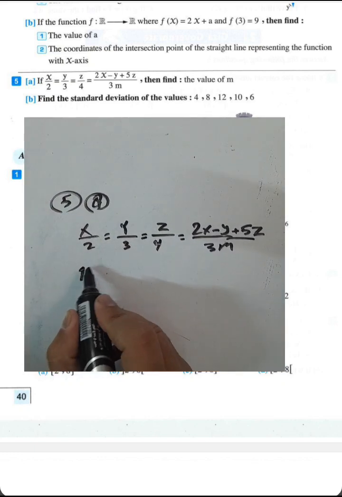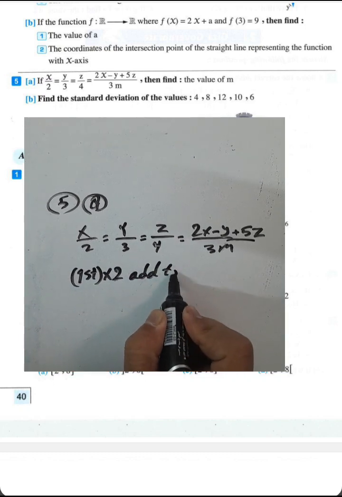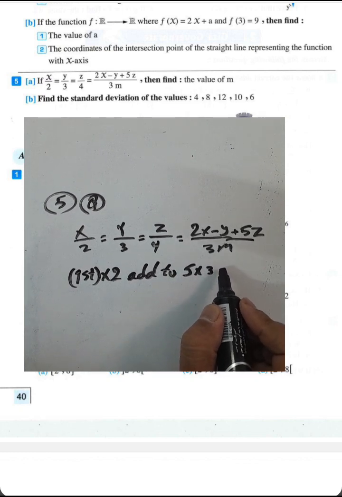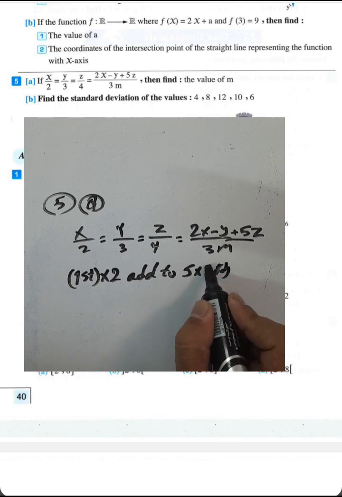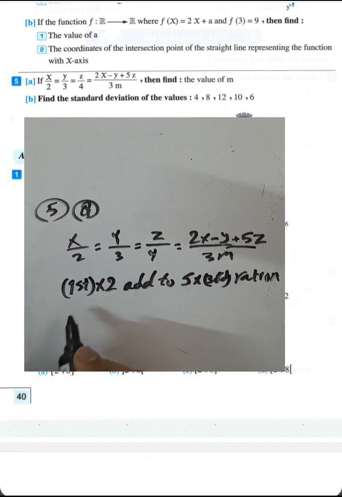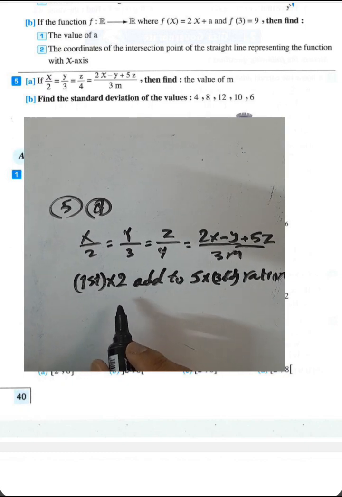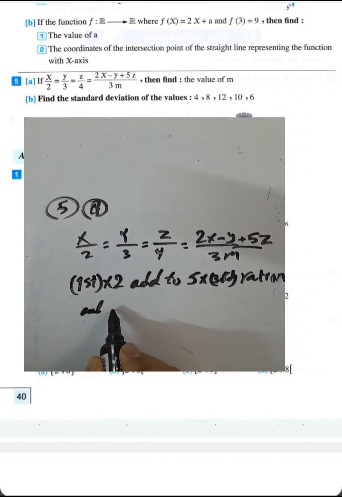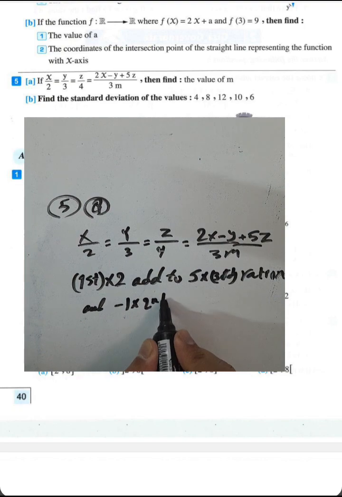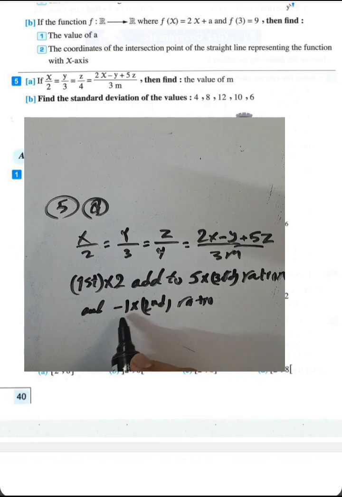So the result will be one. We can write the first multiplication by 2, the third ratio multiplication by 5, and adding the second ratio multiplication by -1.